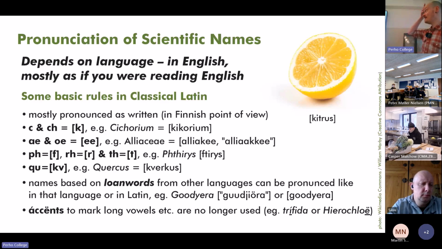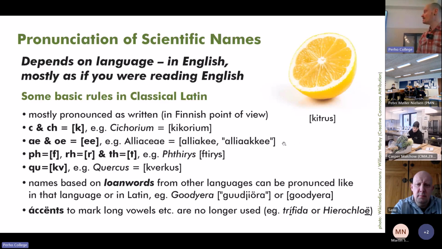And in classical Latin, there are some exceptions in pronunciation, or more like notes in pronunciation, like C and CH are always pronounced with K. So that would be something like Psychorium in English, in classical Latin would be Kikorium. Also, a funny thing to see is that this fruit is not citrus, it's kitrus.